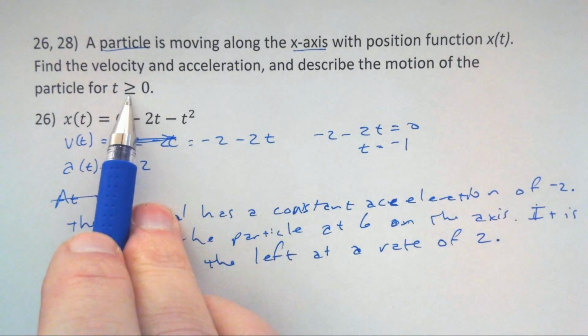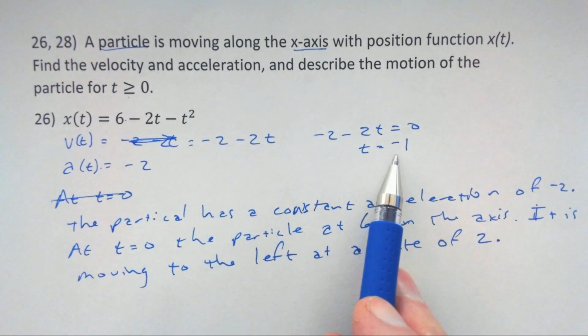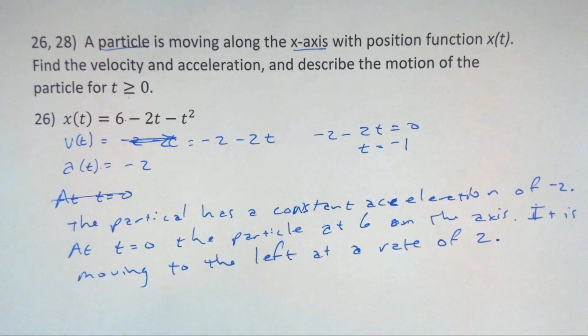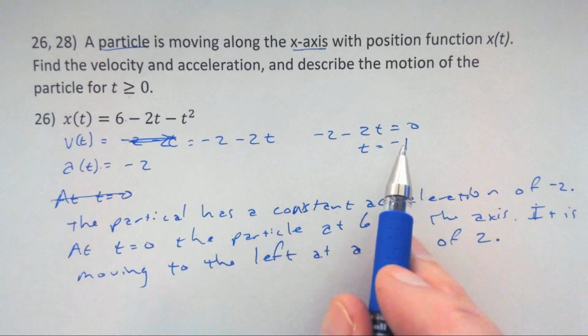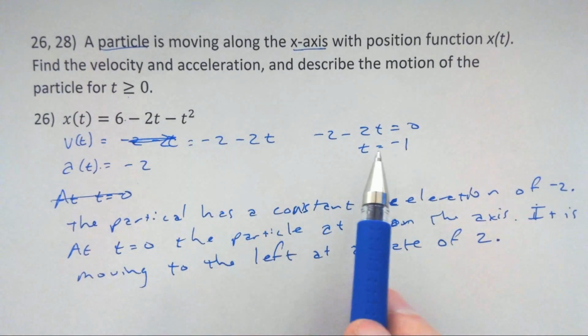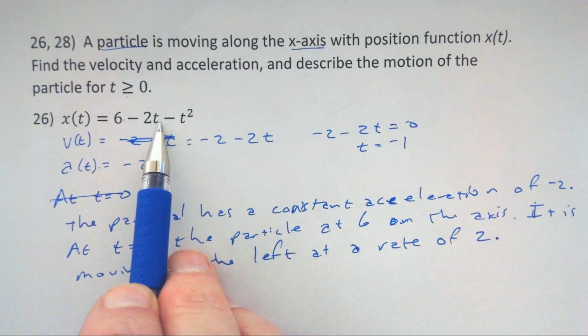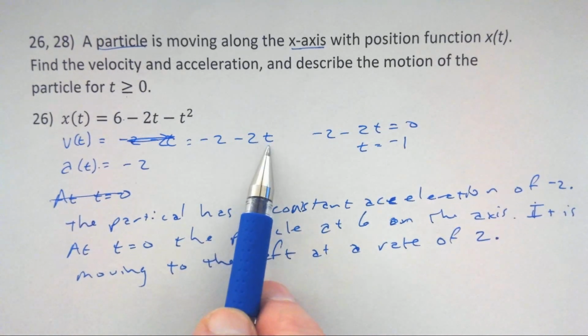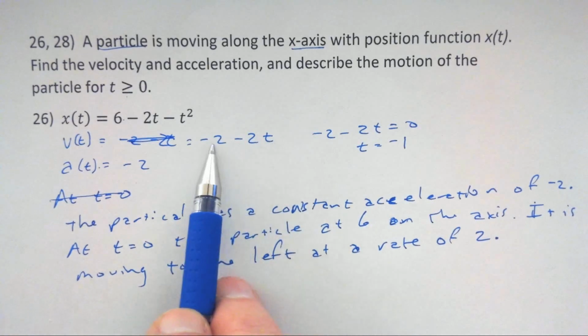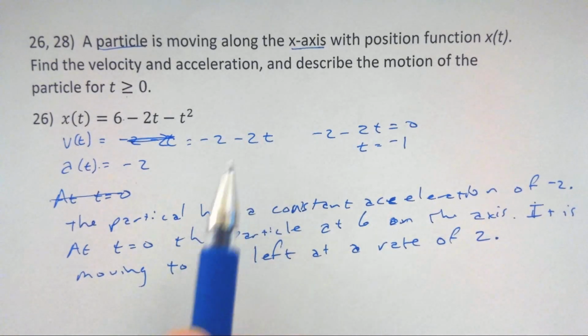T does not equal negative 1, because we're dealing with just t greater than or equal to 0. So this particle continues after that to move in it. Let's take a look. The bigger the value I put in, the more this becomes negative, or the bigger the negative I get, I should say. I put in 100, I'm now continuing to move left.